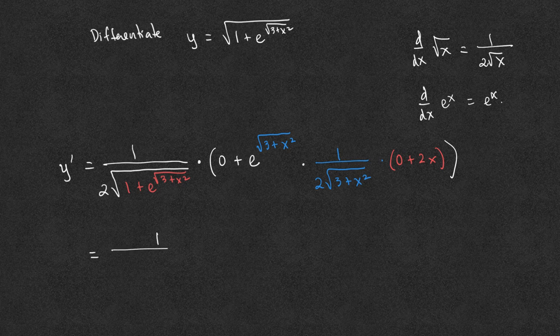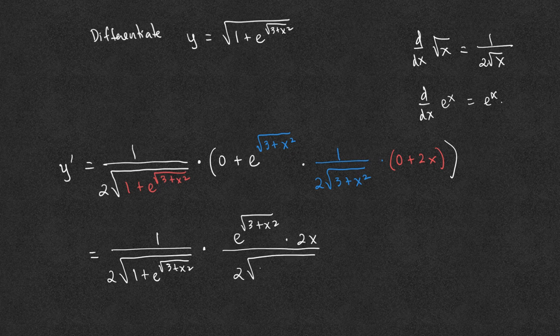This is 1 over 2 the square root of 1 plus e raised to the square root of 3 plus x squared, times 0 plus, we don't need to write it, e to the power the radical 3 plus x squared times 2x over 2 root 3 plus x squared.